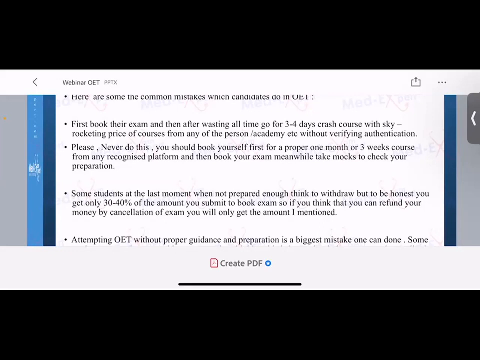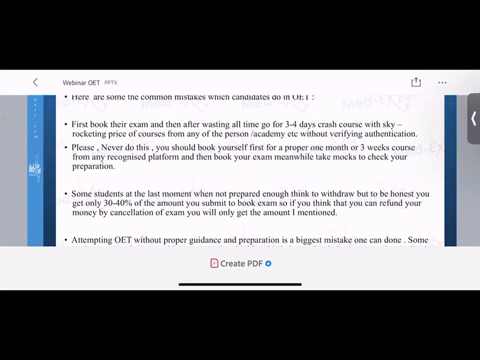This is a problem with a number of students, because they really don't know the timeline for their OET preparation, and they think that it is just a very simple English language exam, so I can really ace it. They book their exam as all of their friends do.